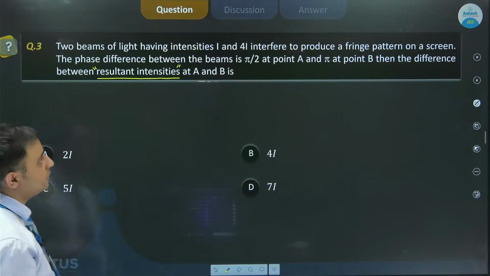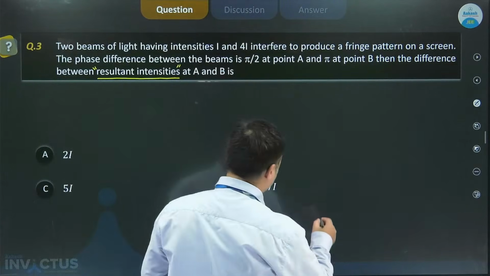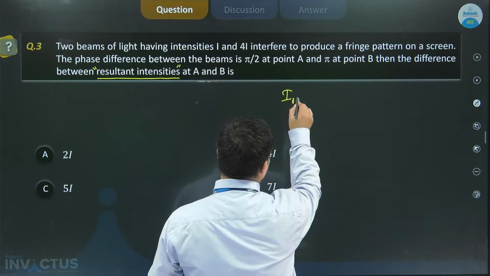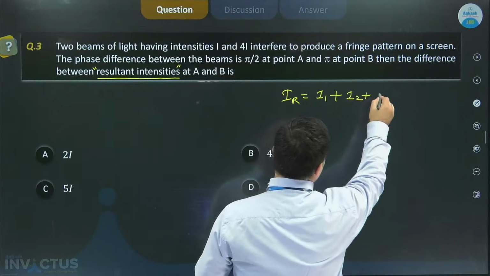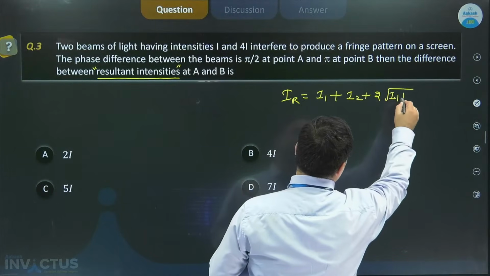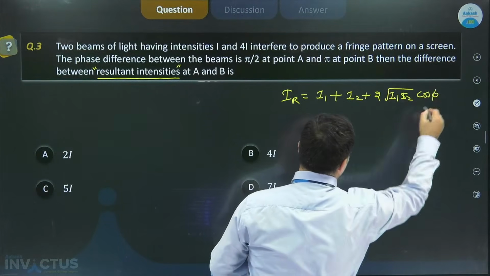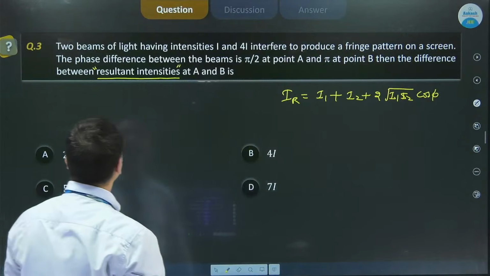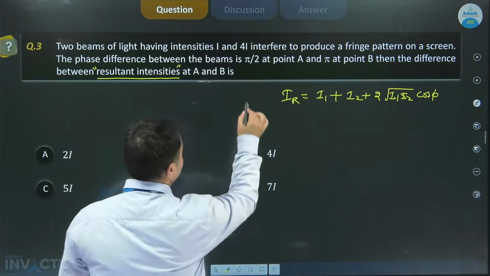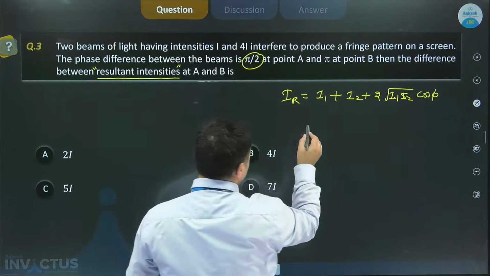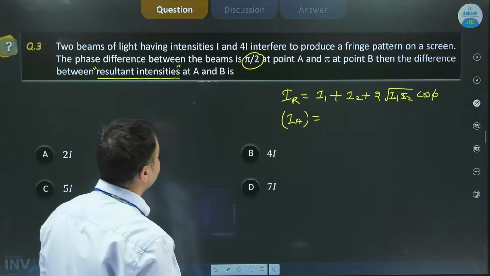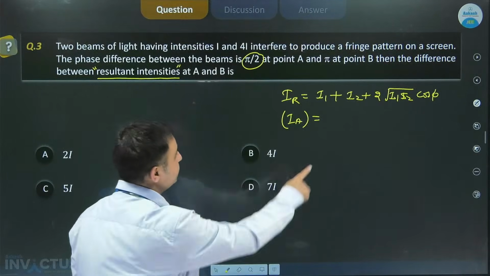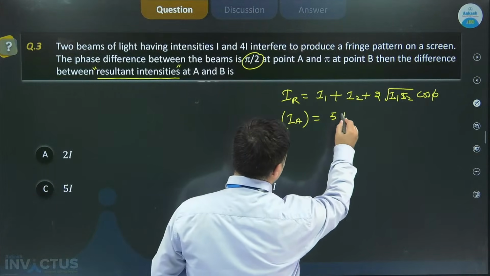For interference, we know that the resultant intensity IR is given by I1 plus I2 plus 2 root I1 I2 cos phi. Now for point A, the phase difference is pi by 2, and I1 and I2 are given. So for phi equal to pi by 2, this term will be 0, so it comes out to be 5I.